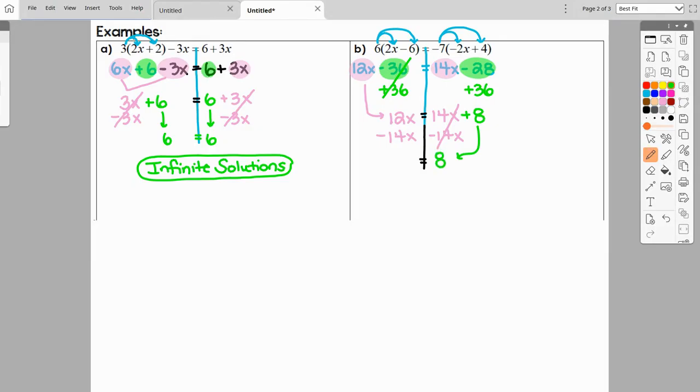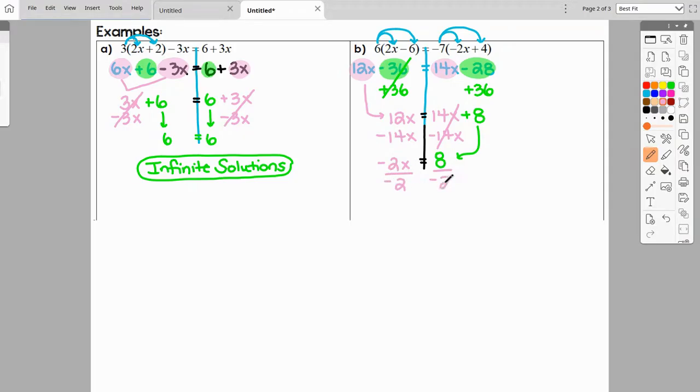That's my goal. Combining all the numbers together. That was that goal, and now I'm going to combine all my letters together on the other side of the equation, opposite side of the equation. 12x minus 14x comes out to negative 2x. And now I can separate the negative 2 with x by dividing.